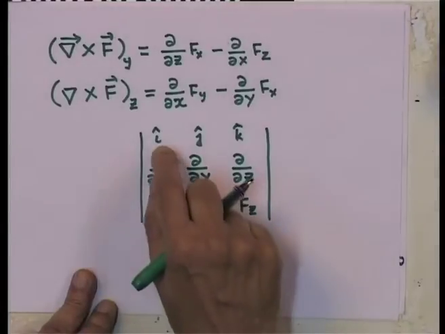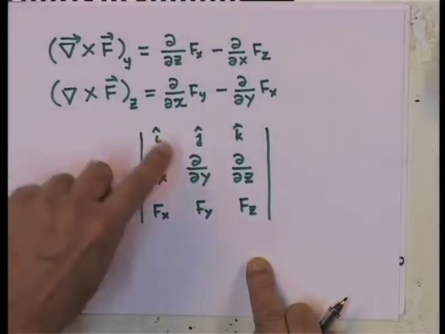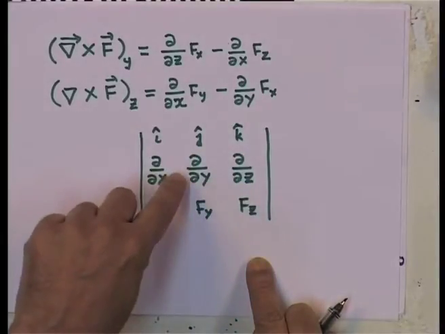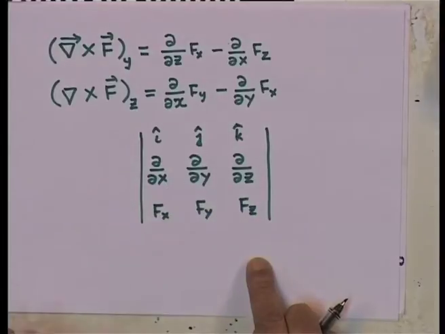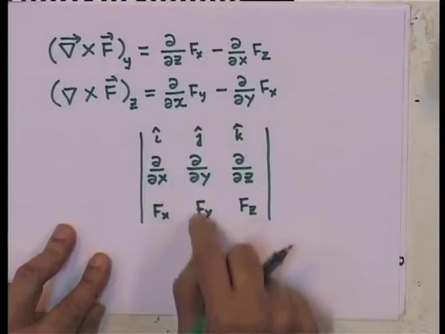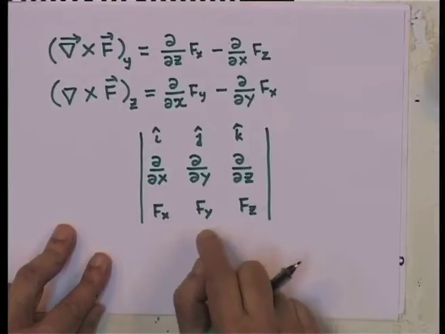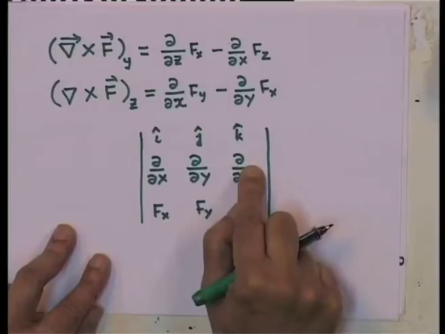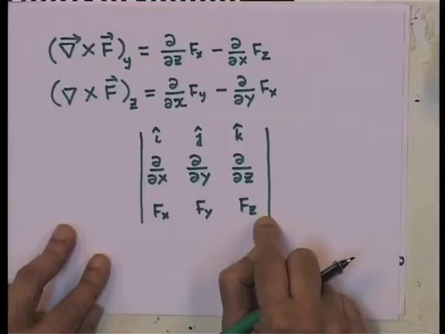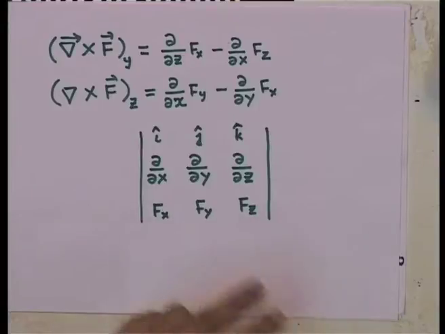For example, if you want to write down the x component, it is i times d by dy of f z minus d by dz of f y. So, this determinant comes like this. Now, then minus j. When you expand the coefficient of minus j, you have to realize that I have to go to the immediate right, d by dz of f x minus d by dx of f z. So, this is the notation.